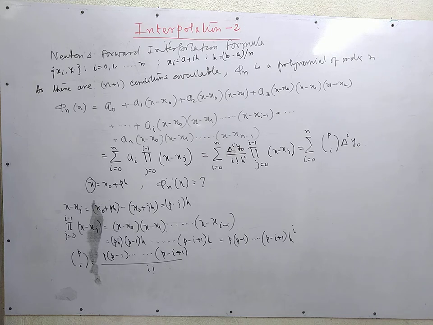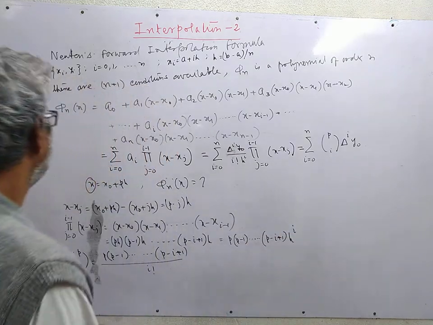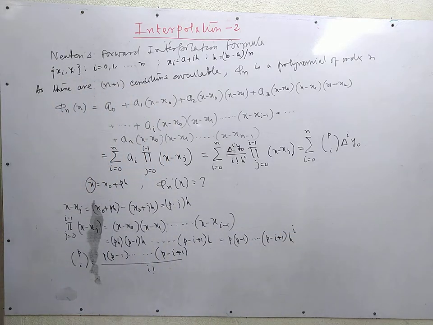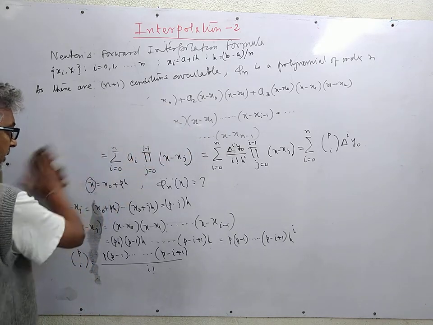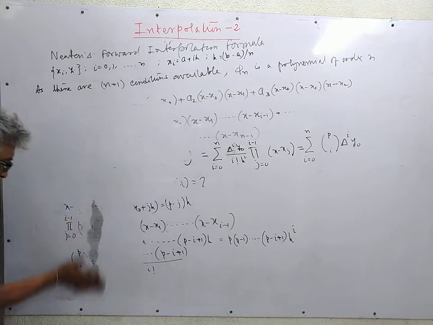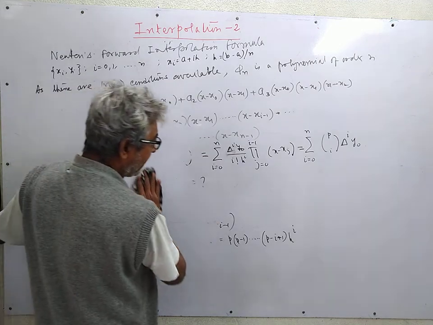We can arrive at this formula most easily in another way. We shall first describe the approach, and this formula can be obtained in an alternative way, which is much easier. Say our problem is to find out the value of the polynomial.